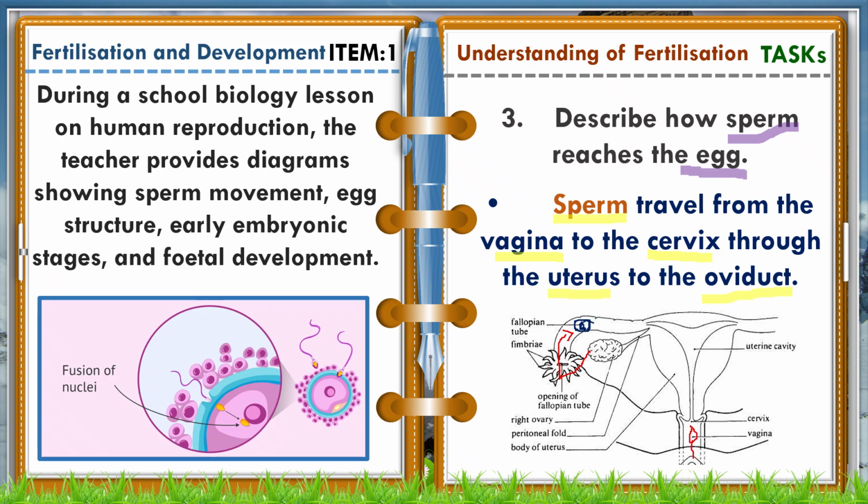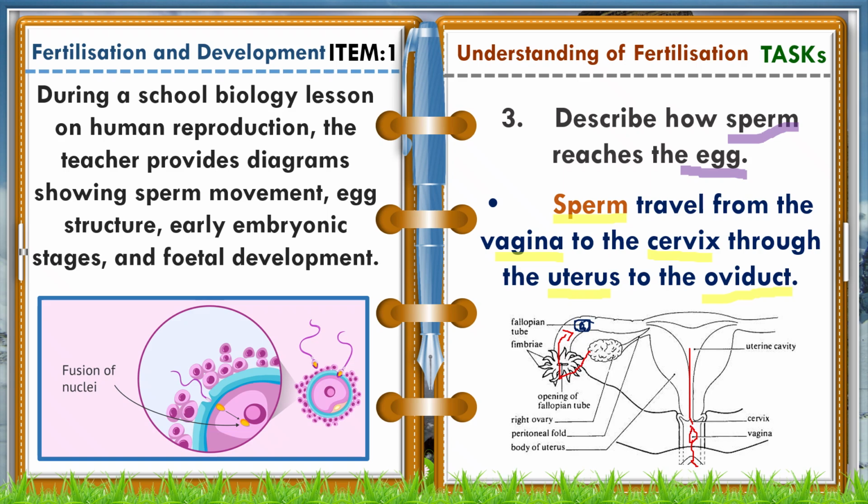This is our sperm. It will enter. Then it will pass through the cervix. The cervix is this entry here. It will pass through the cervix, and then it will pass through the uterus. We have the uterus here.